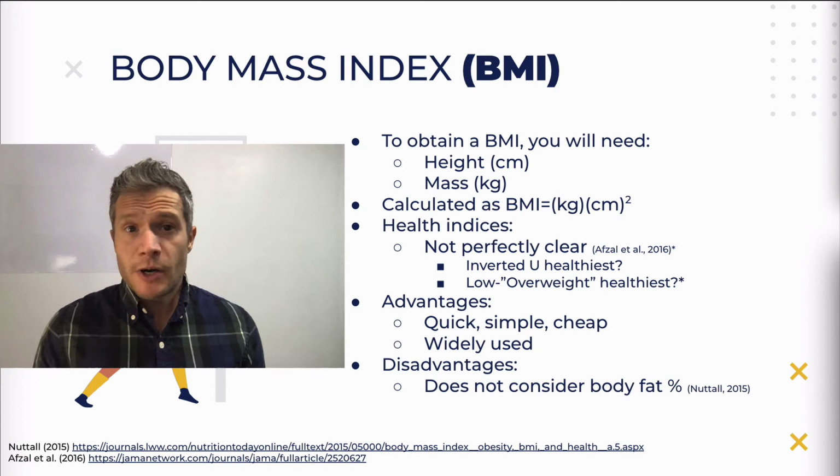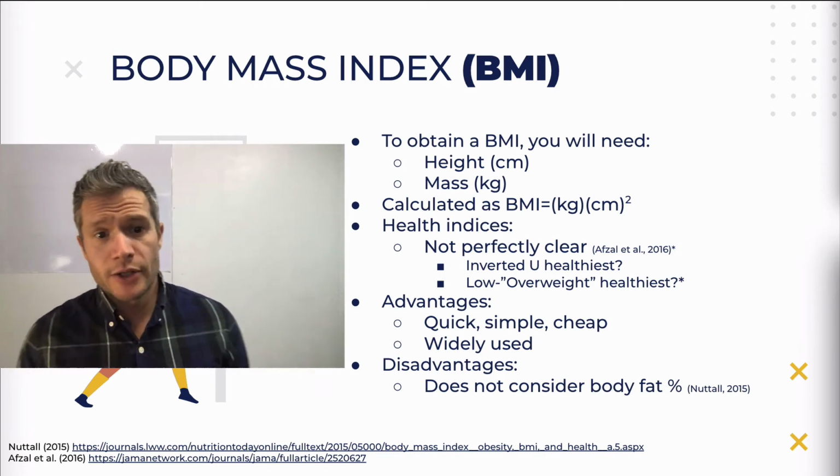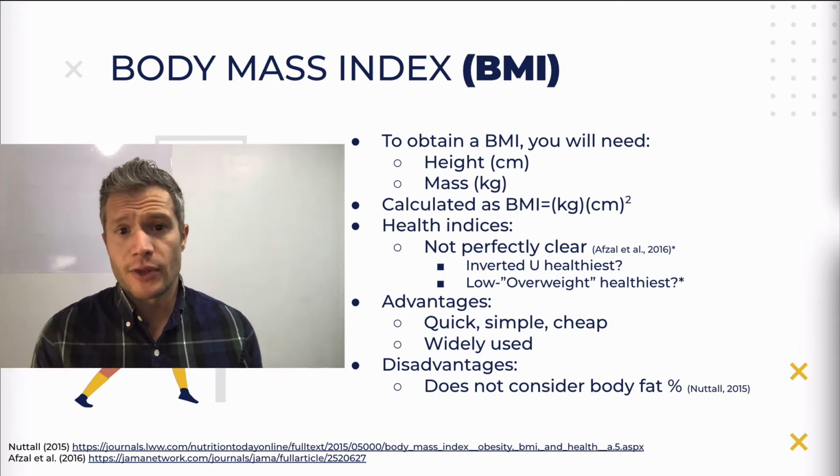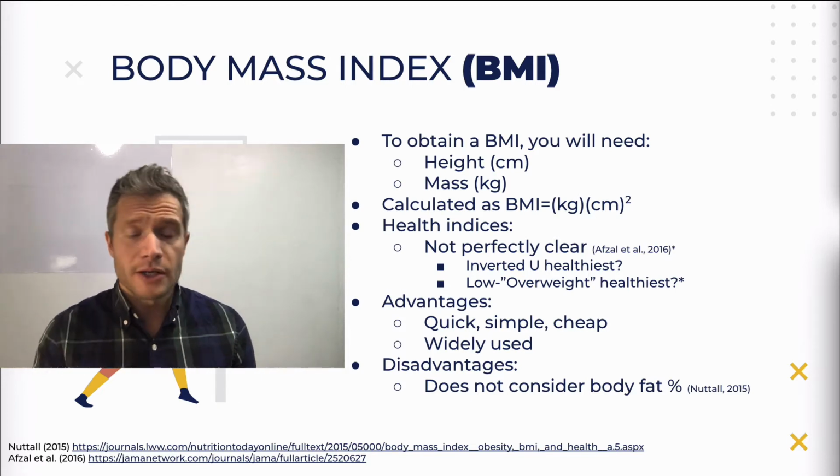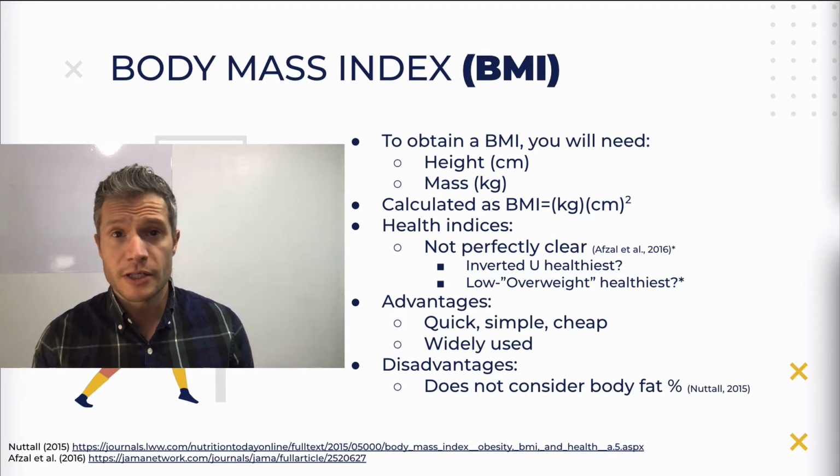So first up is body mass index, and we're going to take a look at how this influences health, how to go about the measures, and its pros and cons. No system or predictive model, as you found out when we did our screening process, is perfect.